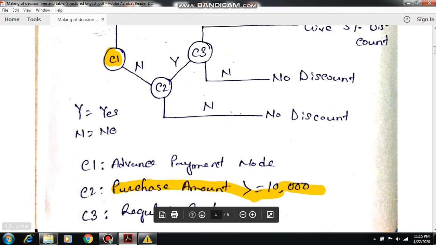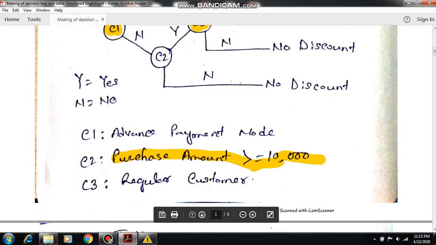When the C1 condition fails, we check the C2 condition. For the no branch, when it is yes, meaning the purchase is greater than 10,000, we check condition 3. Condition 3 checks whether they are a regular customer or not.